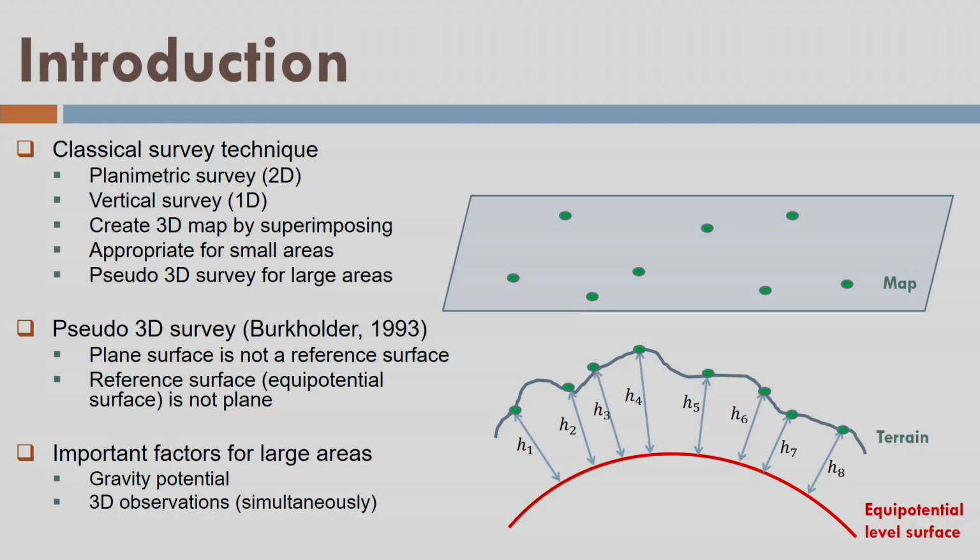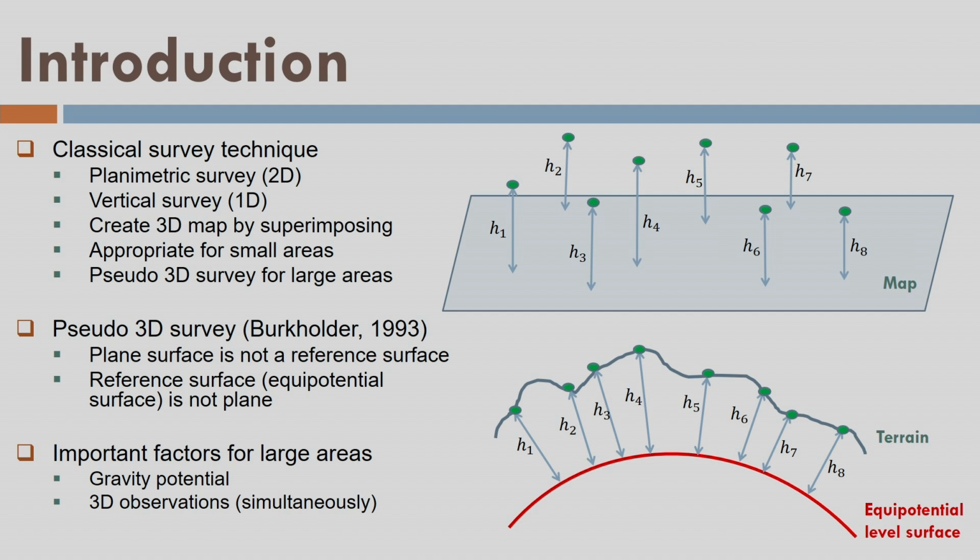Then I have created a 3D map by superimposing these heights on the map like this. So I have given elevation to these 8 points from the map, and I call it a 3D map. The 3D map shows me x, y, z, where x and y I obtained from the planimetric survey, and the third dimension, the height, I obtained from the vertical survey by leveling.